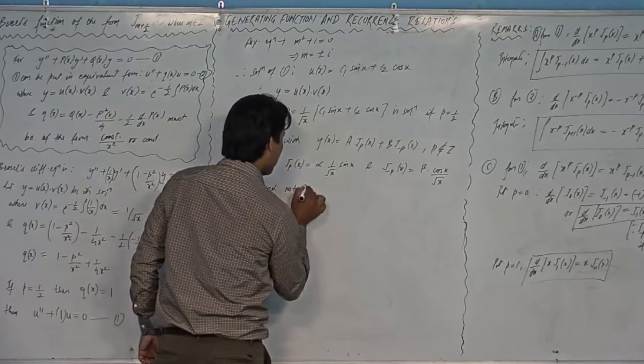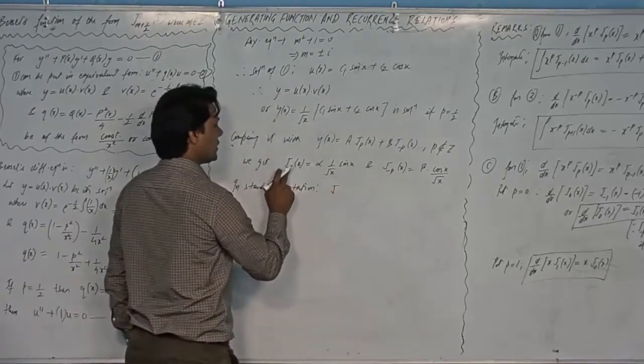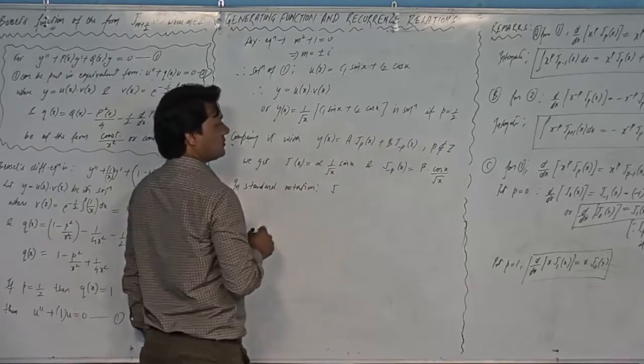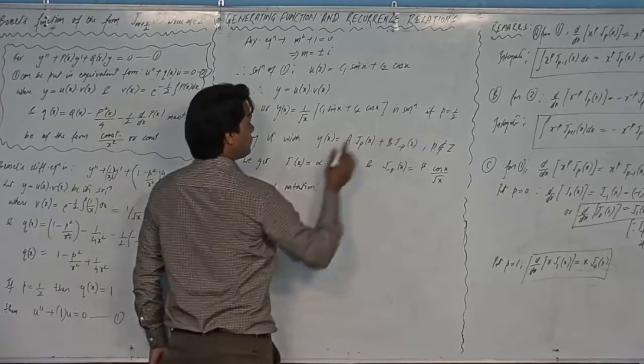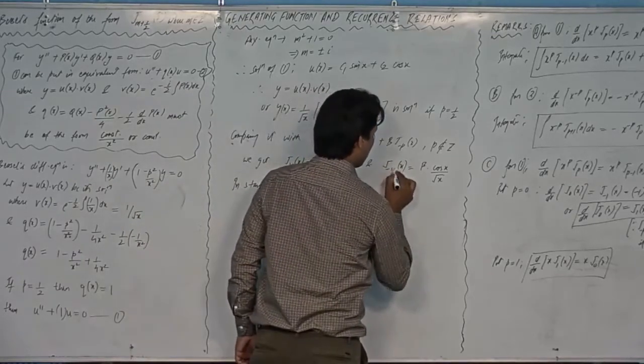In standard notation we write J_p. Why should I write J_half here? Because I know that p equals half, right? So I should write J_half here, not p, and J_minus half, right?